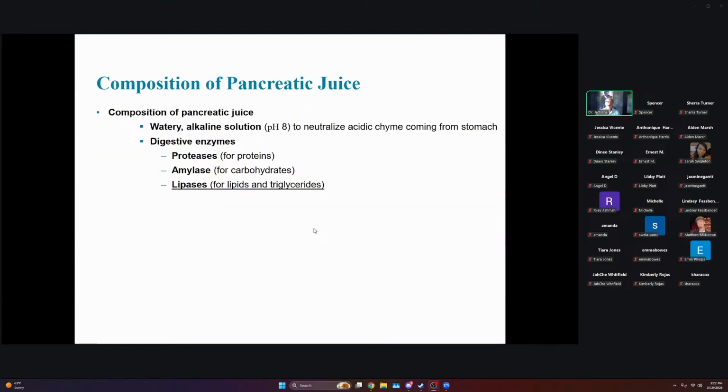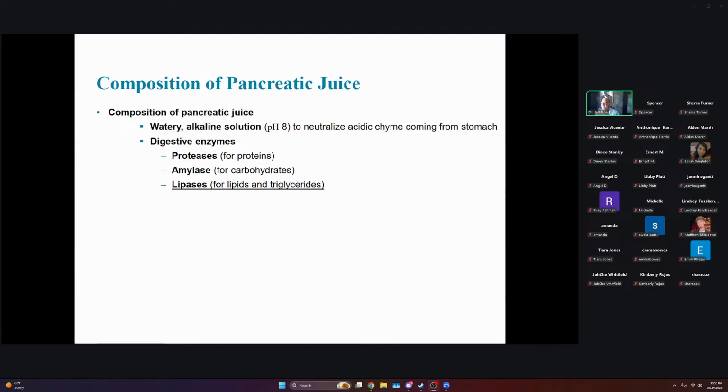All right, so what is pancreatic juice besides all three of the enzymes needed for chemical breakdown of carbohydrates, fats, and proteins? Okay, mostly it's water. Like any other fluid in the human body, it's water-based. It's slightly base in nature or slightly alkaline in nature.